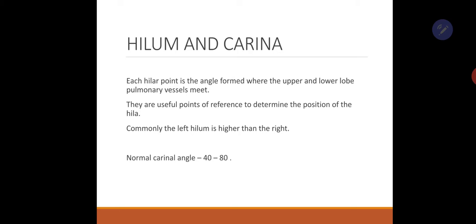About the hilum, each hilar point is the angle formed where the upper and lower lobe pulmonary vessels meet. These are useful points of reference to determine the positions of the hilum. Commonly, the left hilum is higher than the right, as we discussed, and the normal carinal angle is 40 to 80 degrees.